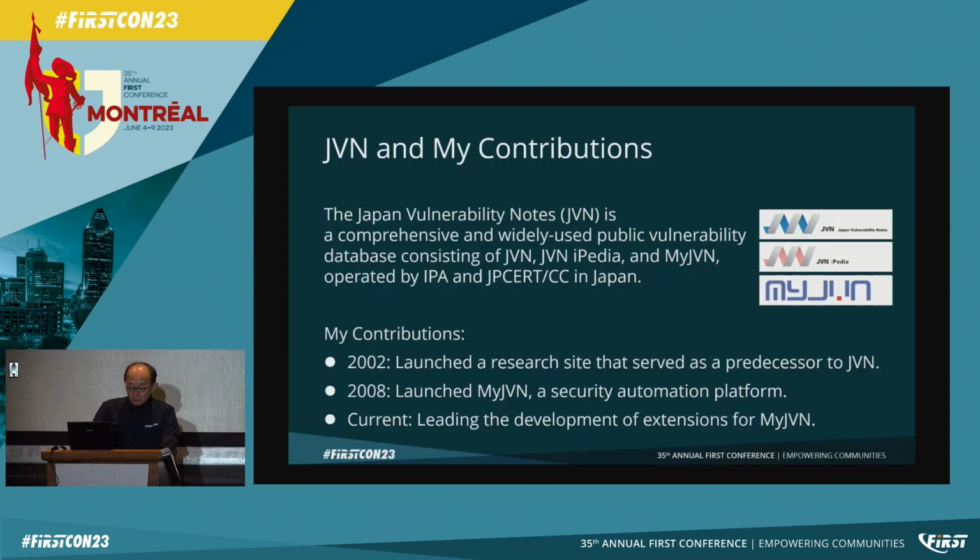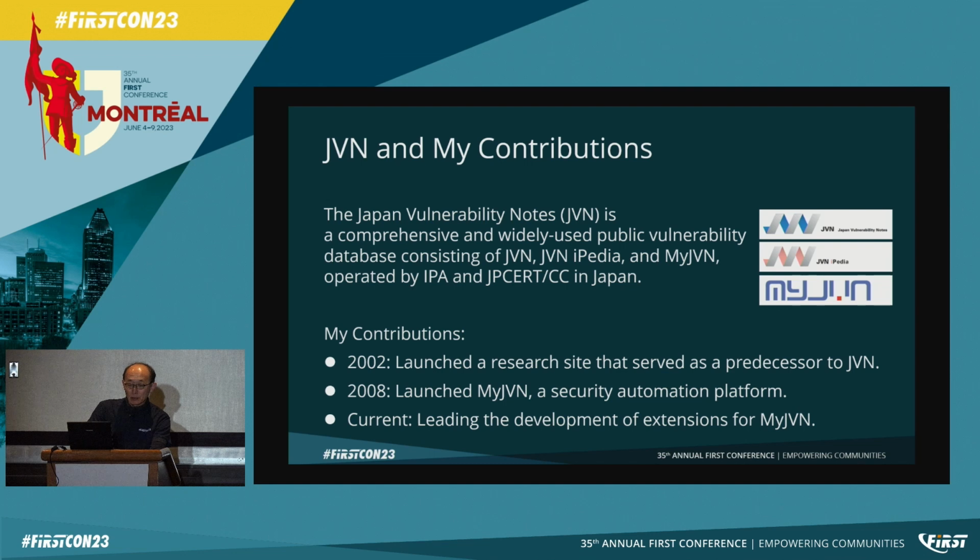First of all, I'm explaining Japan Vulnerability Notes, a comprehensive and widely utilized public vulnerability database operated by IPA and JPCERT in Japan. JVN includes JVN, JVN iPedia, and MyJVN.